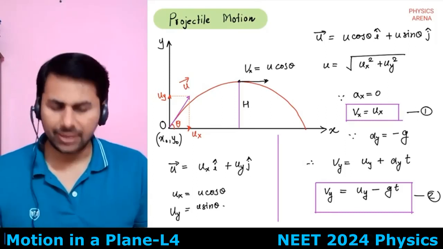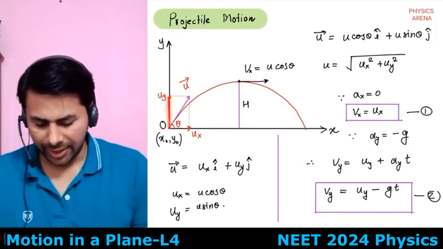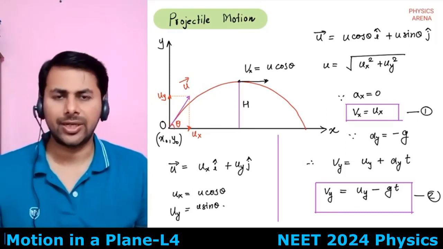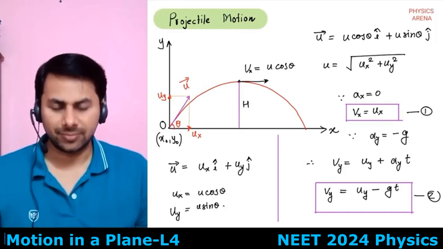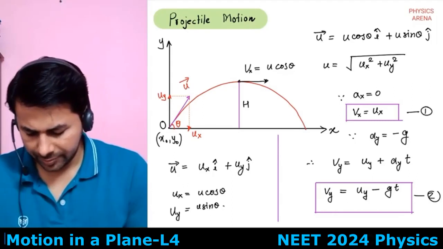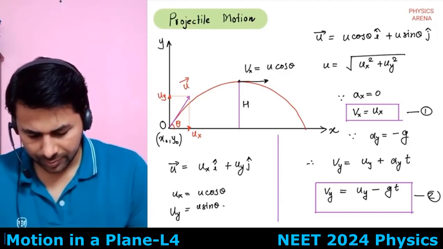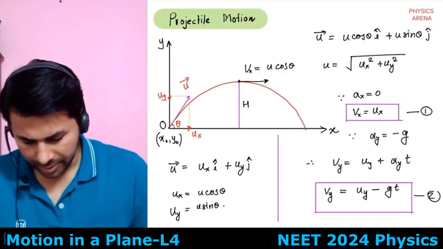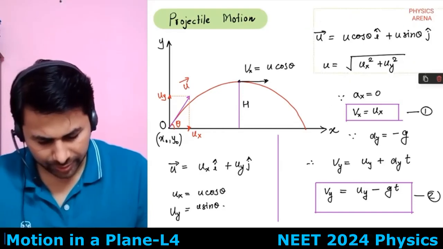If we divide the y component with the x component, we'll get tan of theta.